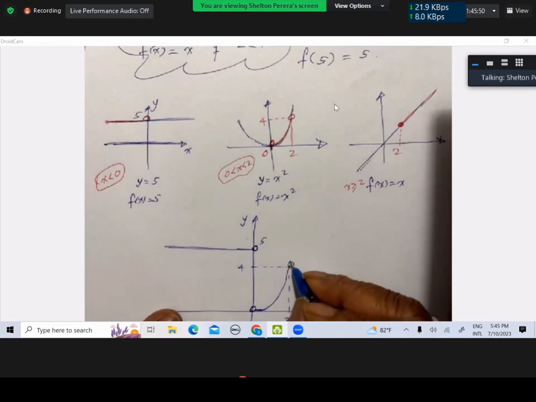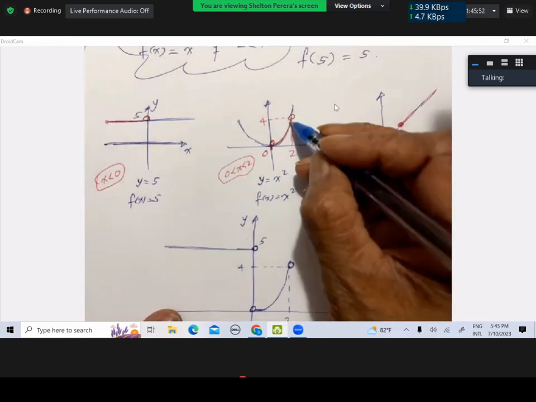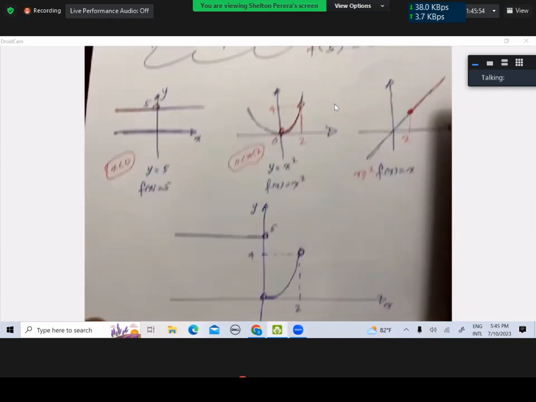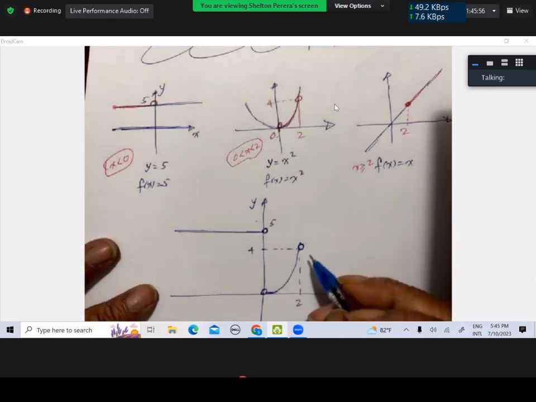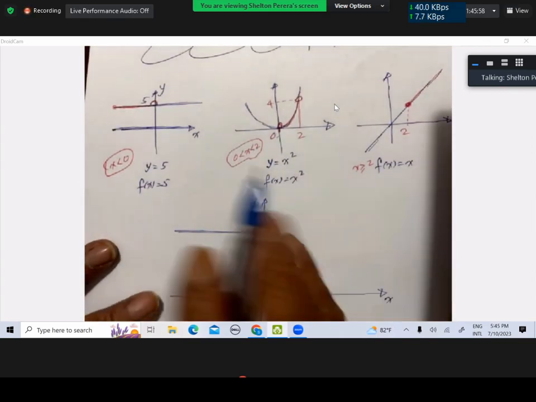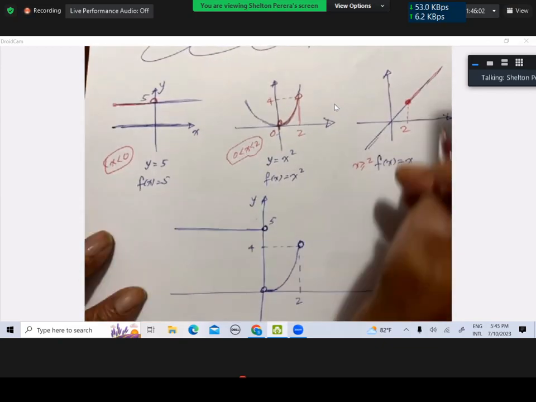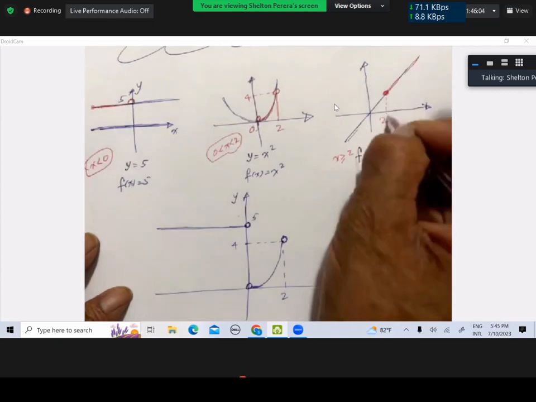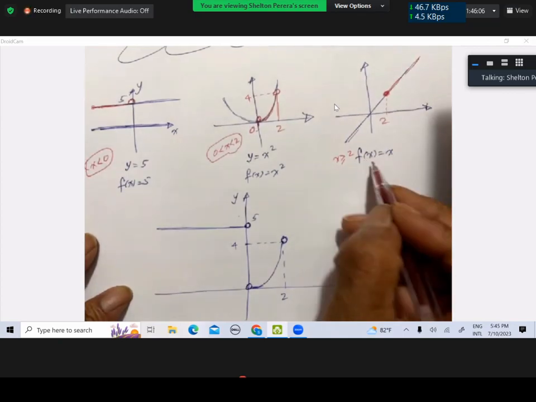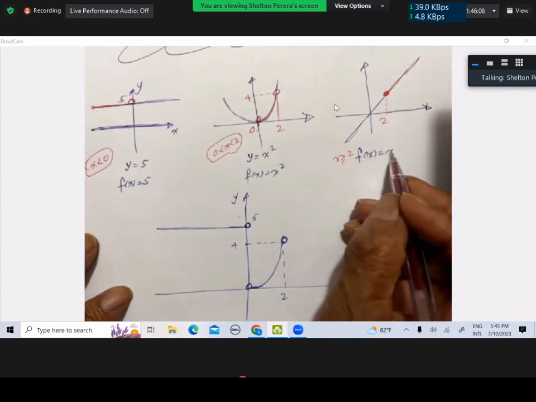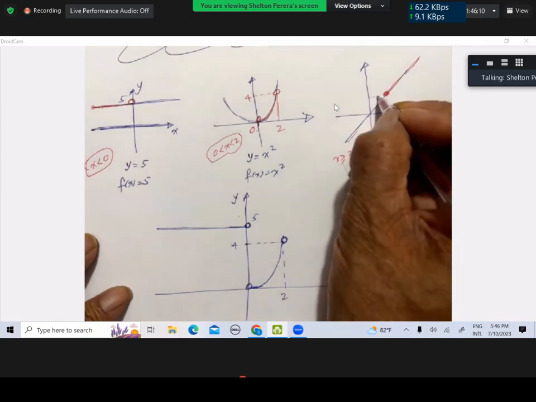This is also a hole. And then I need f of x equals x. If x is 2, this is f of x equals x, no, y equals x.